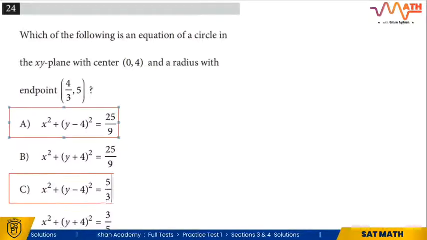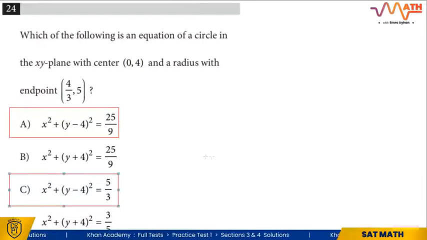First I can eliminate two options. So A or C, which one? Since the endpoint of the radius is on the circle, when we substitute this point in one of the equations, it must fit. So I will check A first, then if necessary I will check C. When you substitute here, x is 4/3, right?